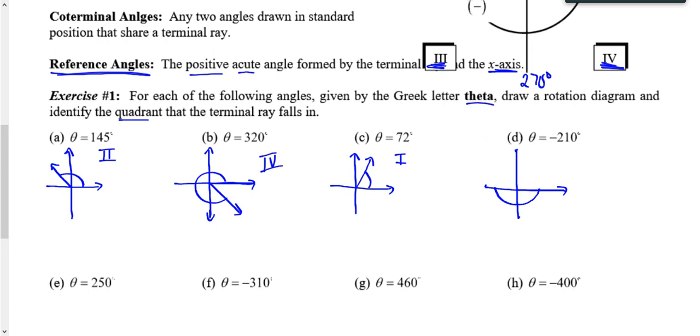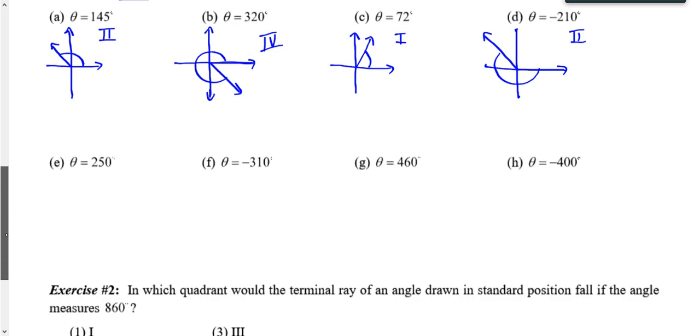It's not quite there, so it might be like to here. Just a rough sketch. That's a negative angle. See how it goes the other way? See how it goes clockwise? So what quadrant do we end up with there? Quadrant 3. Oh, no, 2. 2, right? Okay.